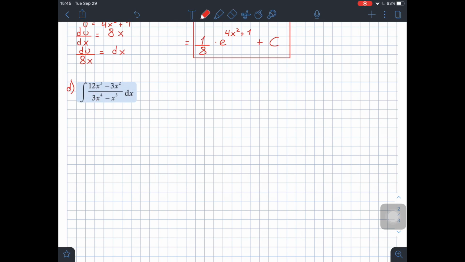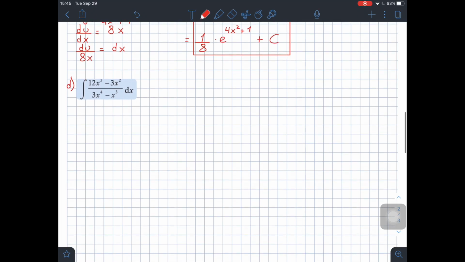So maybe it'll be more convenient to call this expression u, because when I find the derivative of that, I will maybe get this, because remember that the degree of the function decreases whenever I find the derivative of that function, okay? So that's exactly what I'm going to do. I'm going to call u the function in the denominator because it has a greater degree. So this is 3x to the 4th power minus x cubed.